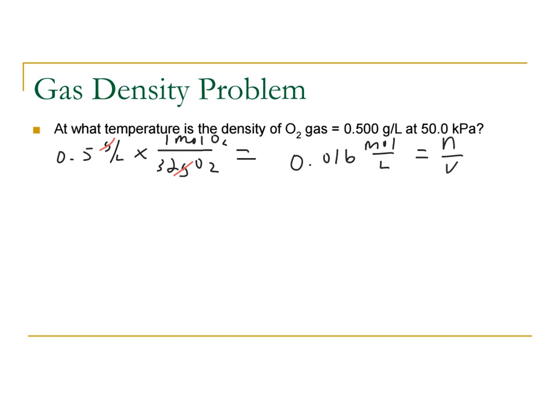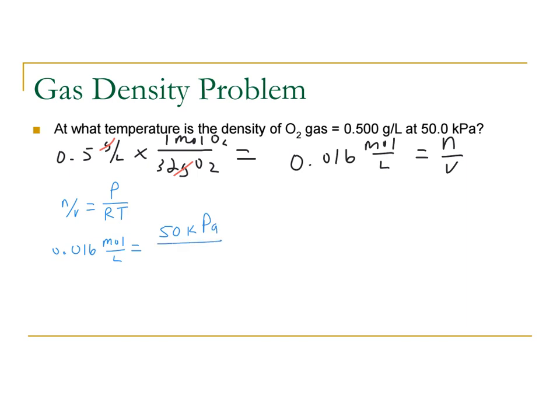which equals P over RT. So I will just rewrite that down here, down below. Here we go. Let's see, N over V, okay, that's what I got. 0.016 equals, the pressure I will write in is 50 kilopascals here.